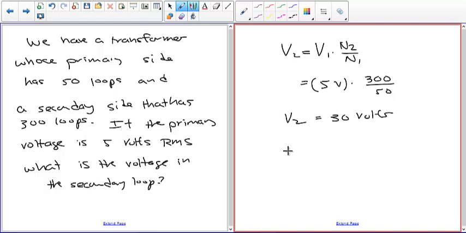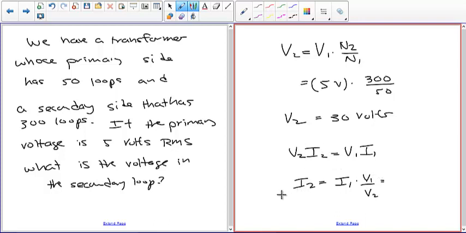Now from a current standpoint, you've got V2 I2 equals V1 I1. So the current in the secondary loop is going to be equal to the current in the primary loop times V1 over V2.